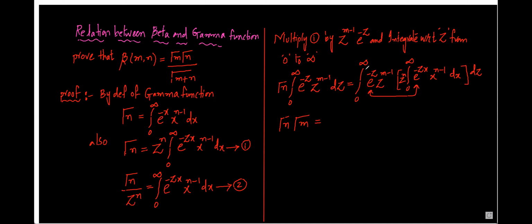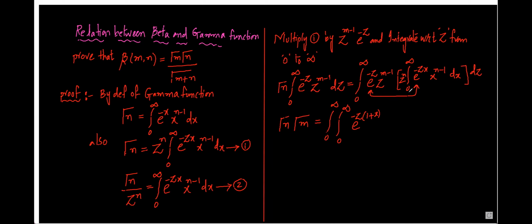So here 0 to infinity, here also 0 to infinity. Together we can write 0 to infinity. Now when we add these two, e power minus z and e power minus zx, if you take minus z common, it becomes 1 plus x.